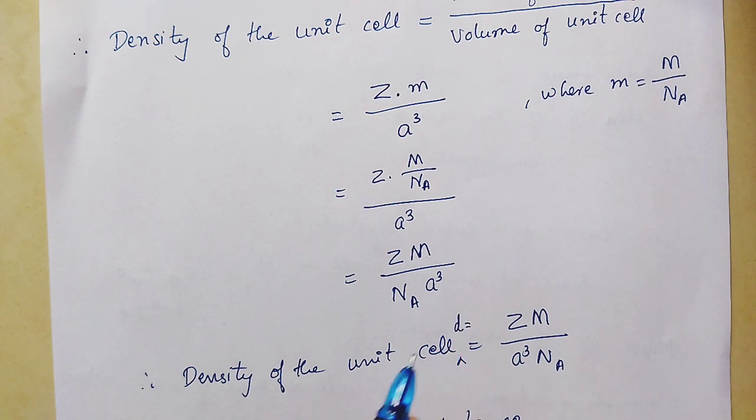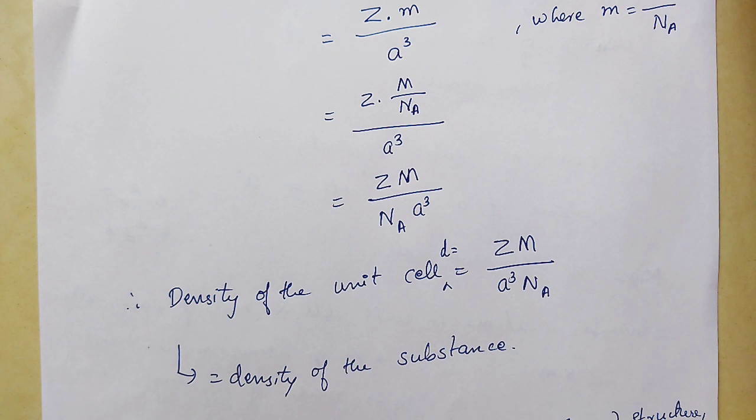So here d is density, Z is the number of atoms per unit cell, M is the molar mass of the substance, a is the edge length, Na is Avogadro number. So among these 5 parameters, if any 4 are known, the fifth one can be easily calculated. Remember students, the density of the unit cell is the same as the density of the whole substance.